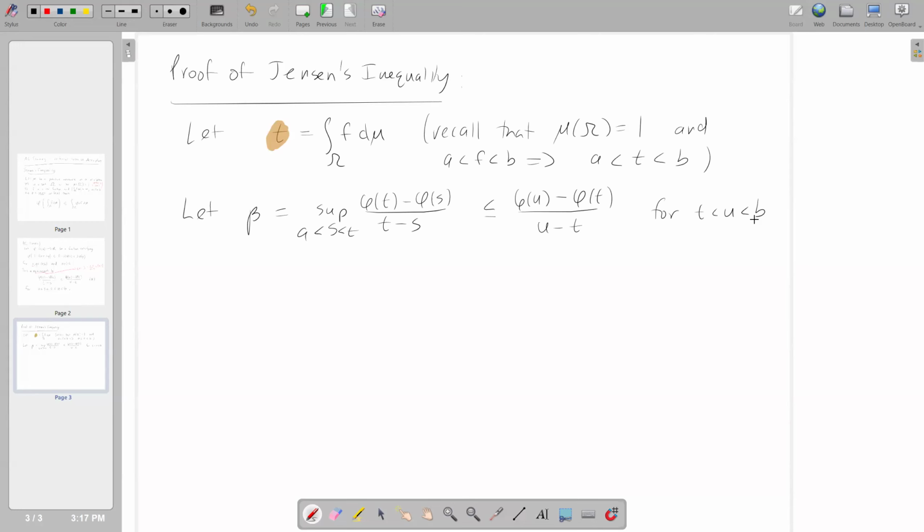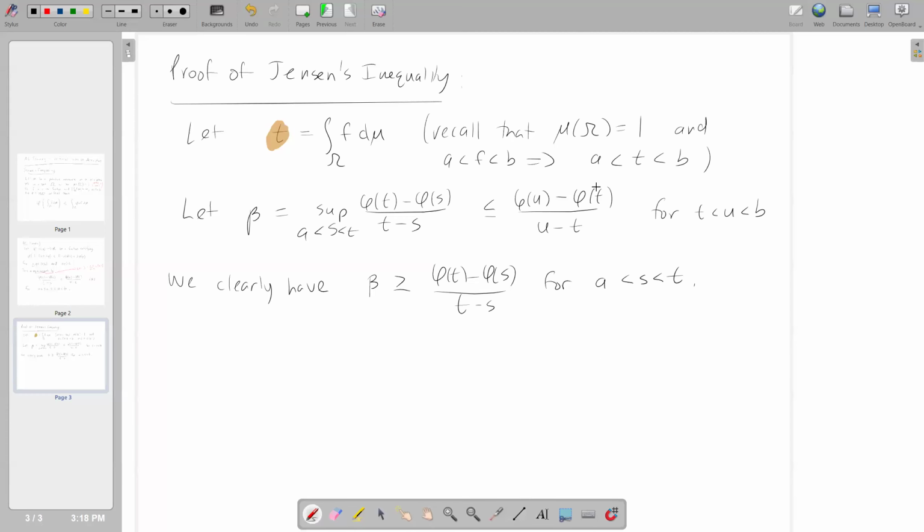And then we clearly have beta greater than or equal to phi of t minus phi of s over t minus s for a less than s less than t, because beta was the supremum of all of these, so it has to be greater than or equal to each of them.